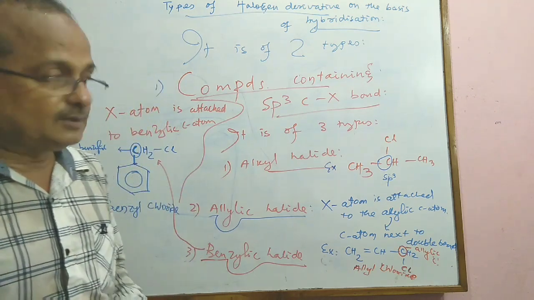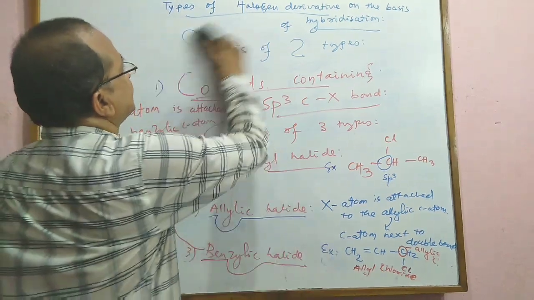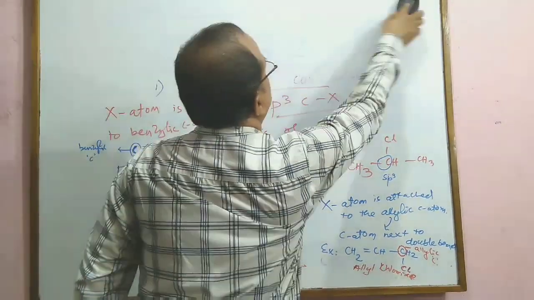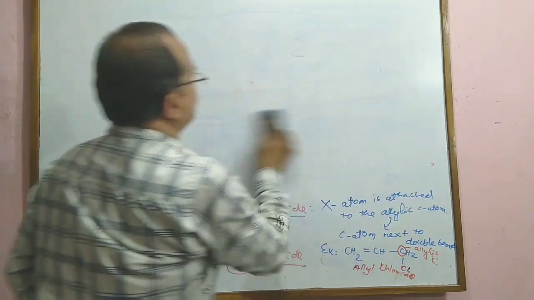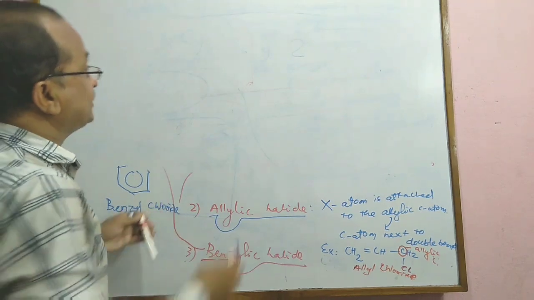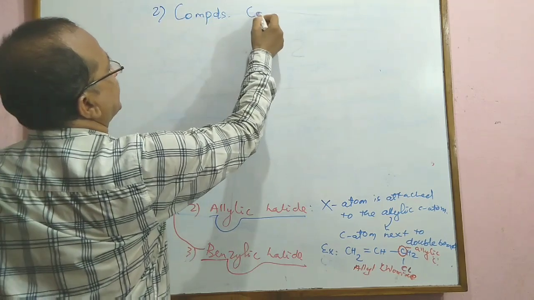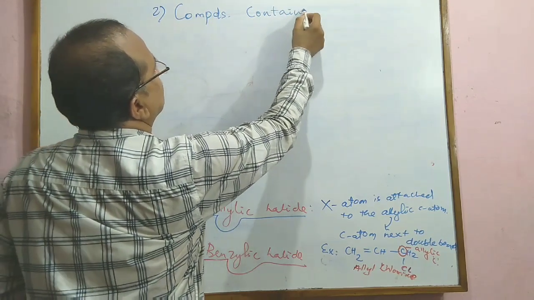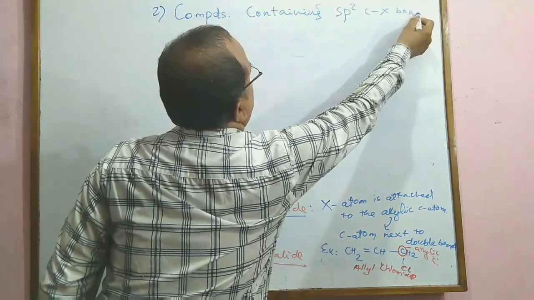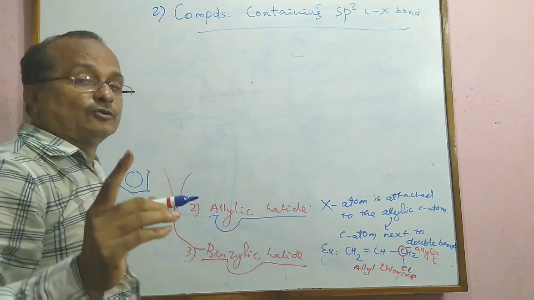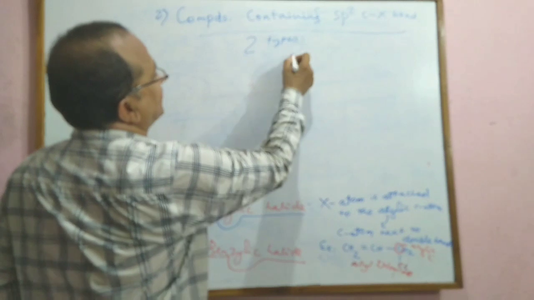Next we come to the other compounds in which halogen atom is attached to the sp2 hybridized carbon atom. So this is the compounds containing sp2 carbon halogen bond. It is two types. Number one is vinylic halide.